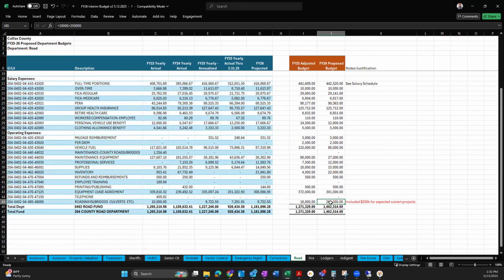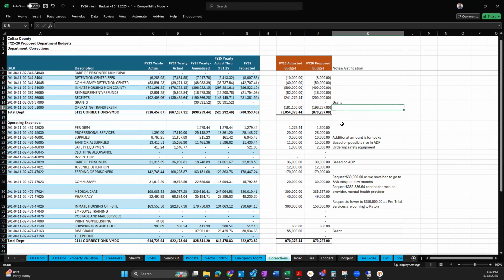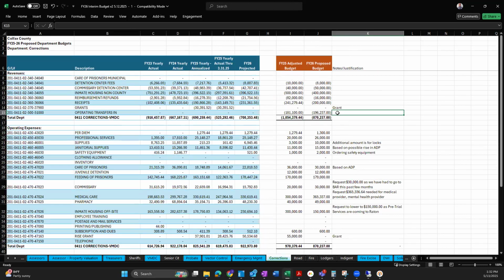And that also incorporates this $250,000 for the culverts that I referenced earlier for non-recurring projects. And corrections has transfers in of 196,000 to help balance that department. So those are the two biggest funds that are receiving a transfer in for subsidy.